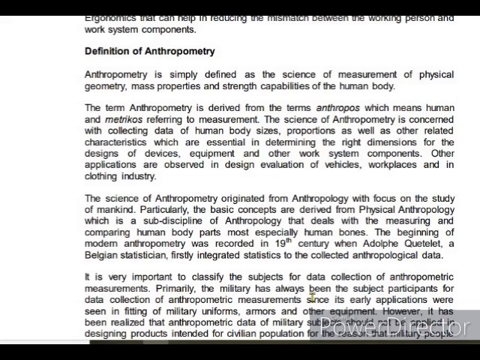Because human bones are one of the most fundamental parts of the human body that a human uses for work. So the beginning of modern anthropometry was recorded in the 19th century when Adolf Quetelet, a Belgian statistician, firstly integrated statistics to the collected anthropological data. So that is the origin of anthropometry.